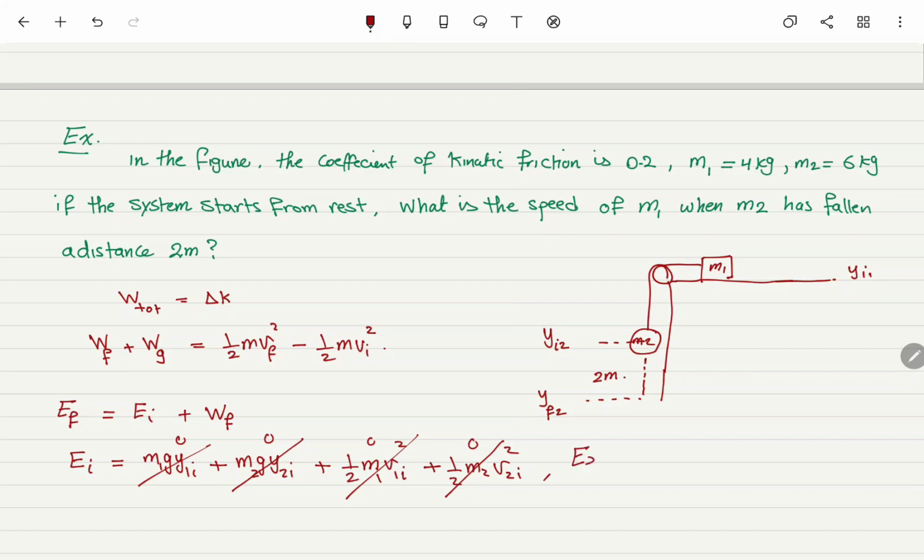So E final here equals m1 g y1 final plus m2 g y2 final plus half m1 v1 final square plus half m2 v2 final square. And the only one that cancels out is this part here, because the final position for m1 is the same as the initial position for m1, which in this case equals 0.